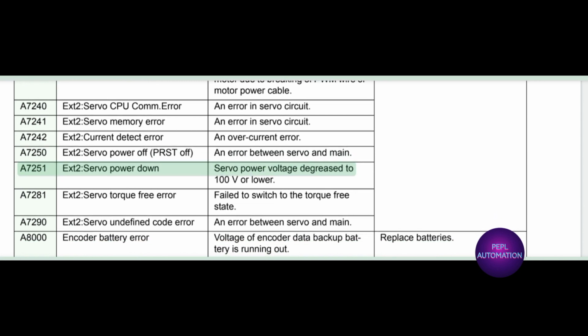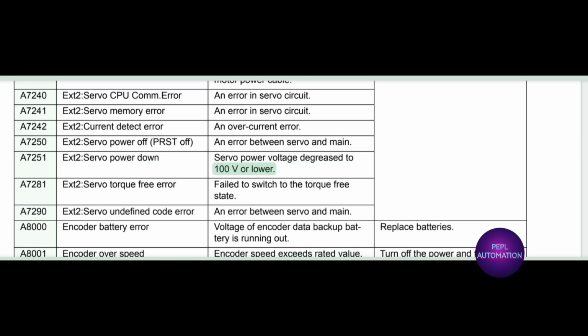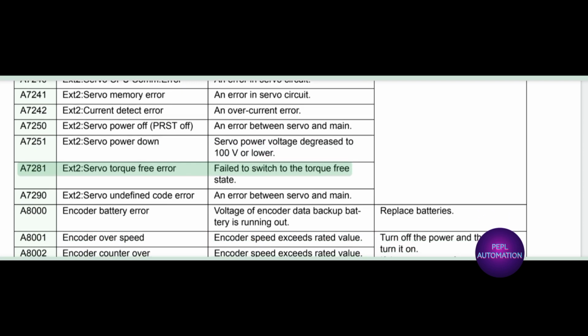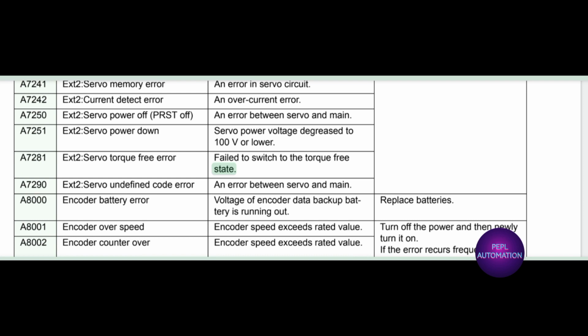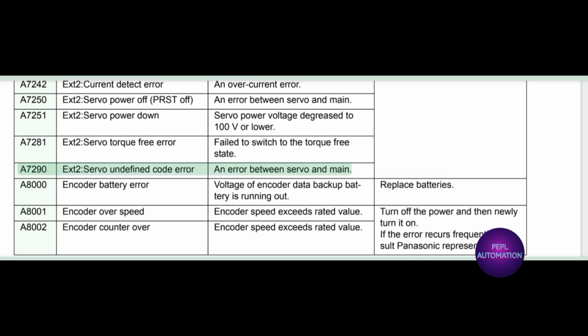A7251X2, servo power down. Servo power voltage decreased to 100 volts or lower. A7281X2, servo torque free error. Failed to switch to the torque free state. A7290X2, servo undefined code error. An error between servo and main.